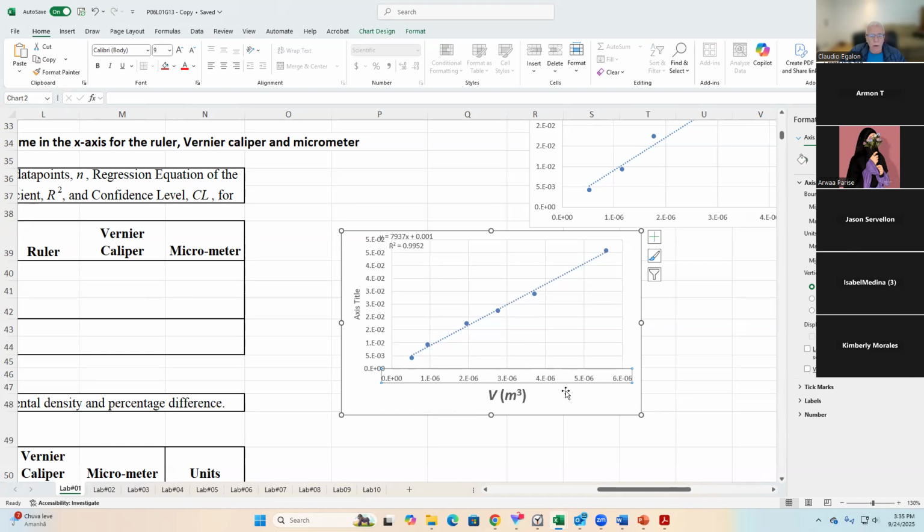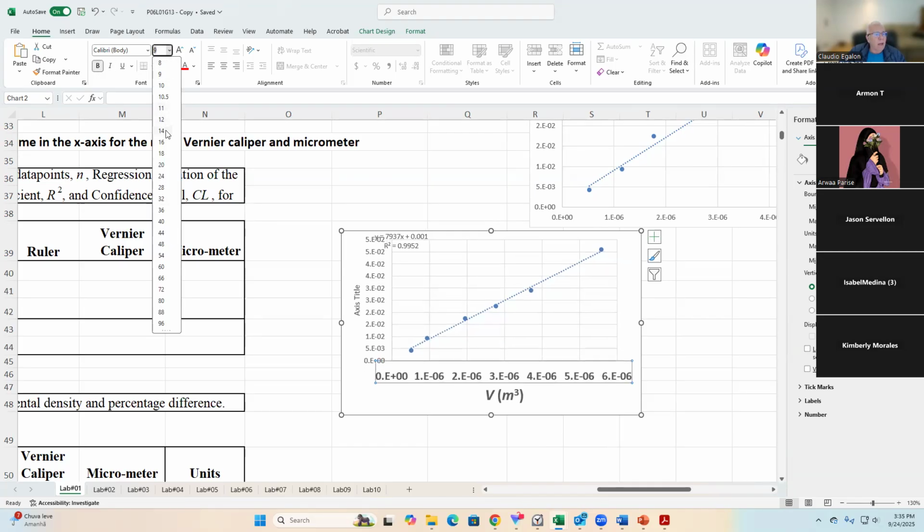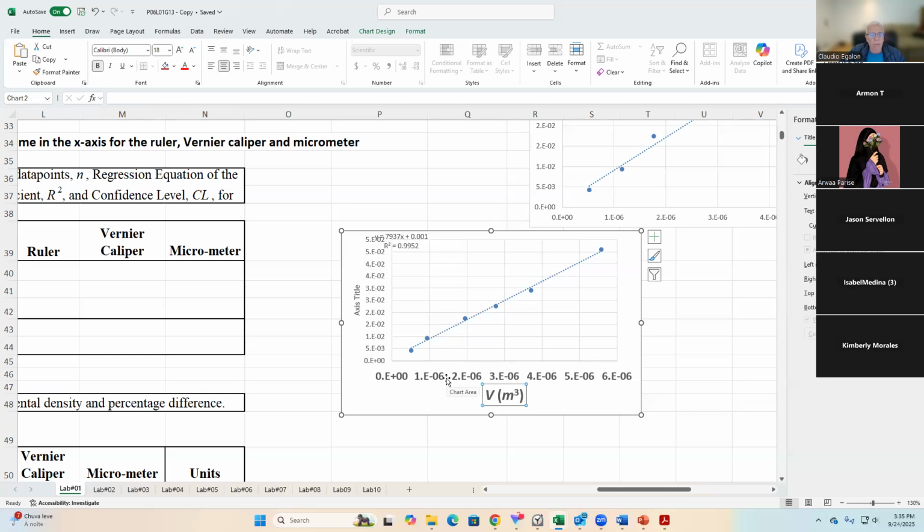So 0, 1, 2, 3, 4, 5, 6 times 10 to the minus 6 cubic meters. Those fonts are too small too. They're only size 9. Let's make it larger and boldface it too to make it easier to see. Let's put size 14. Yeah, size 14 is good. This one here is size 18. Size 18 for the label, size 14 for the axis.